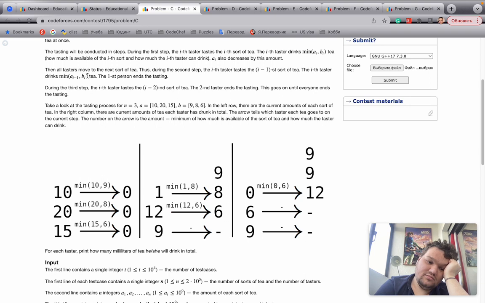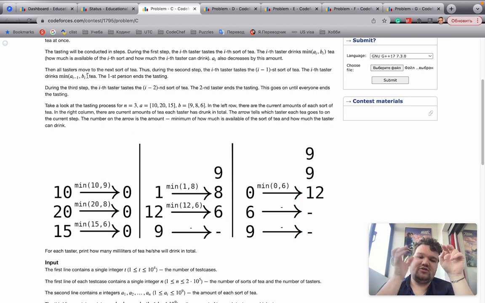For that we can precalculate prefix sums on array B. And so we will find the only taster that will drink less than what they can, but greater than 0.